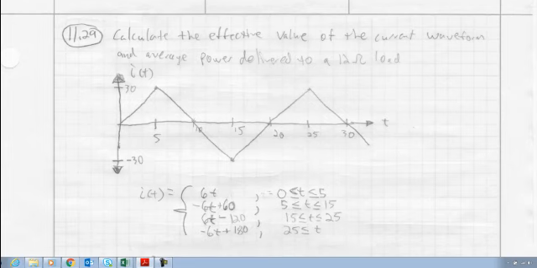So, as you can see here, I of t is equal to 6t starting at 0 and going up through 5. And then we have a line that has a slope of negative 6, and so we put in negative 6t, and you can solve for the intercept here just by plugging in this point right here, 5 and 30.